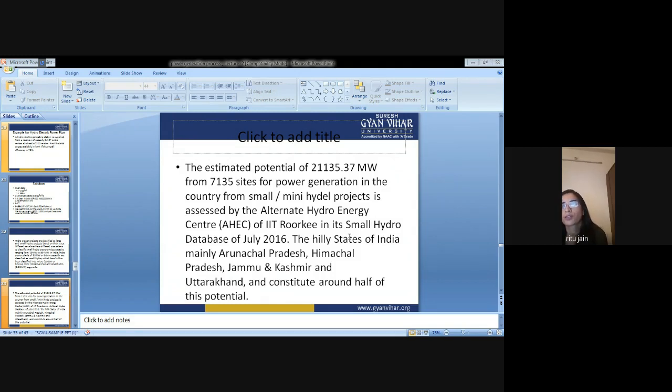The hilly states of India, mainly Arunachal Pradesh, Himachal Pradesh, Jammu and Kashmir, and Uttarakhand, constitute around half of this potential.